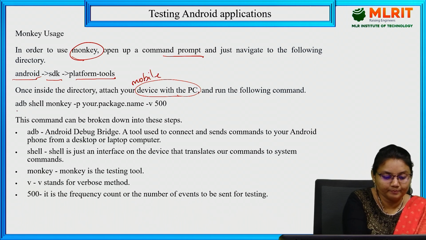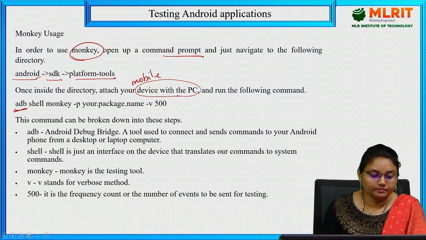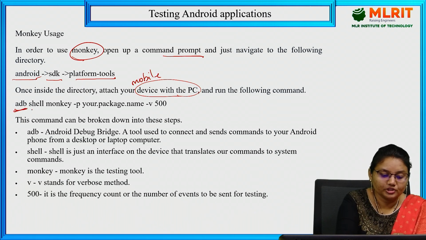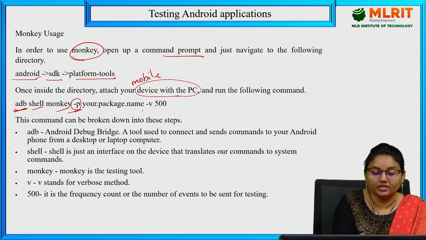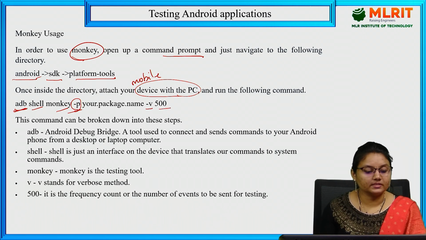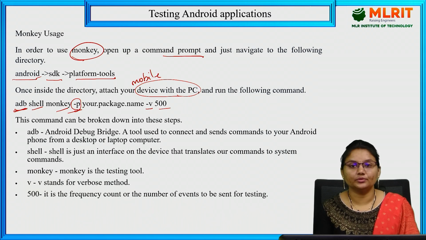What is the command? ADB, Android Debugger, shell monkey -p, this is an option, your package name and the version, and 500. So this is the command you need to give once your Android mobile phone is connected to your PC.